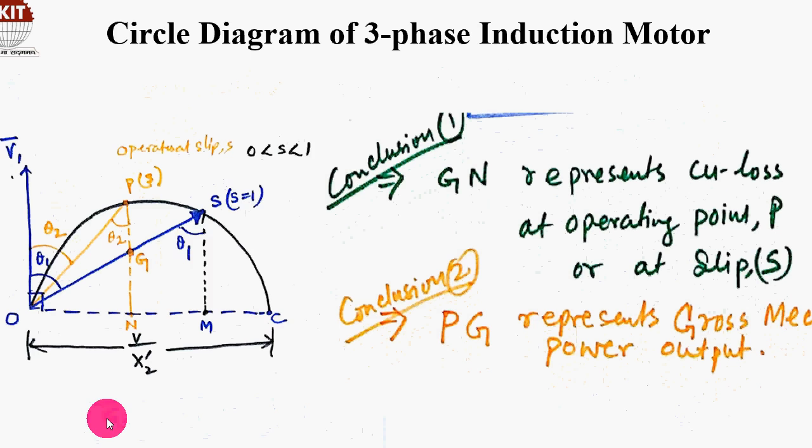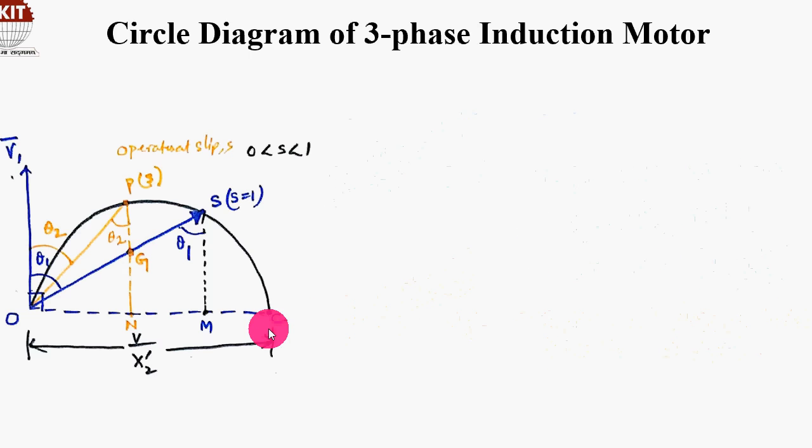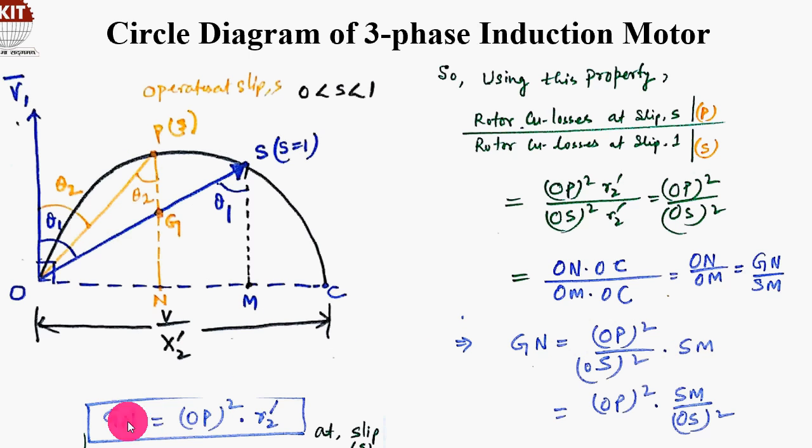So moving further, what are the conclusions that we can draw from this discussion? Look at this figure carefully: GN represents the copper loss at operating point P, that is at slip S. From this equation, OP square is the current, and R2 dash is the rotor resistance referred to the stator side.